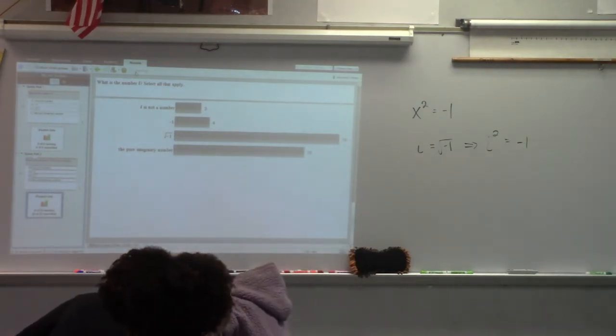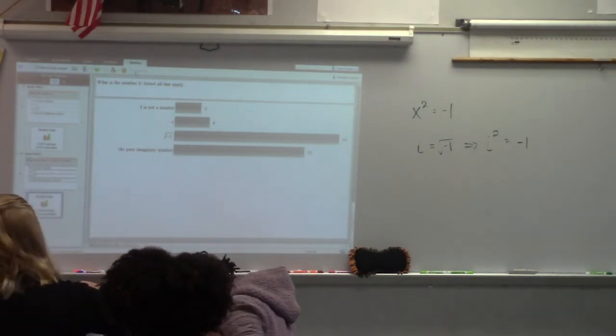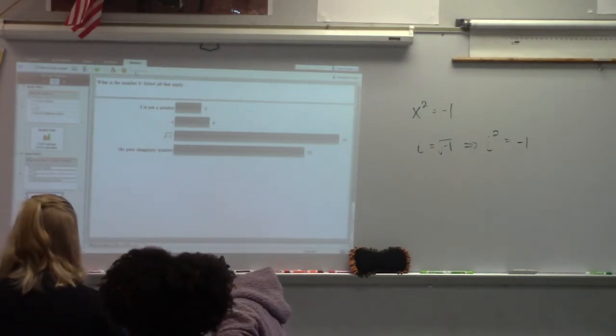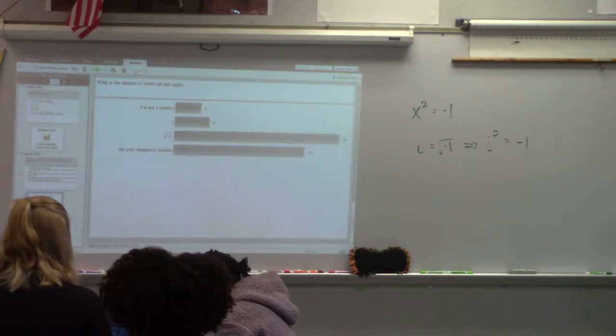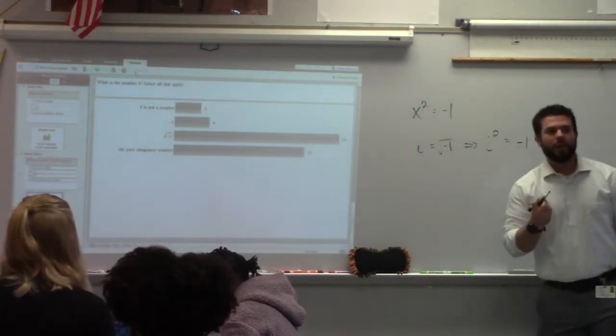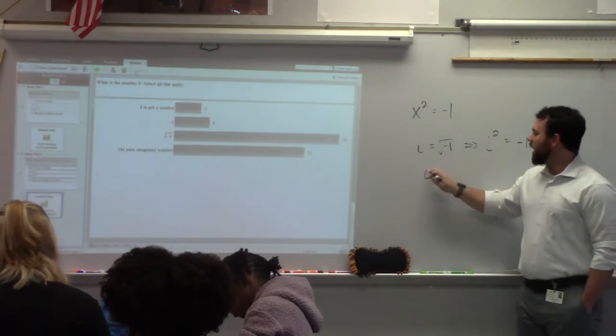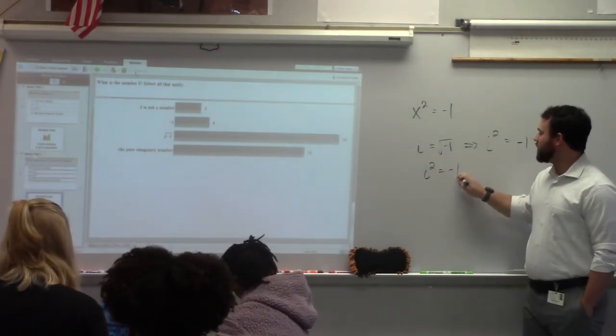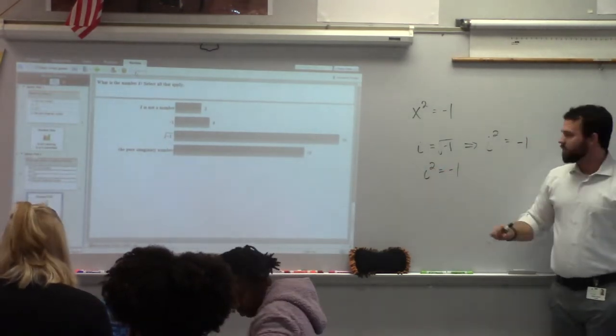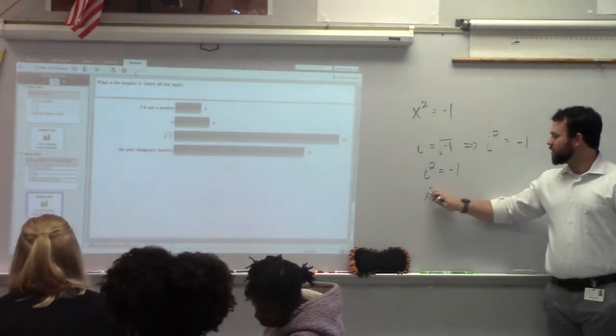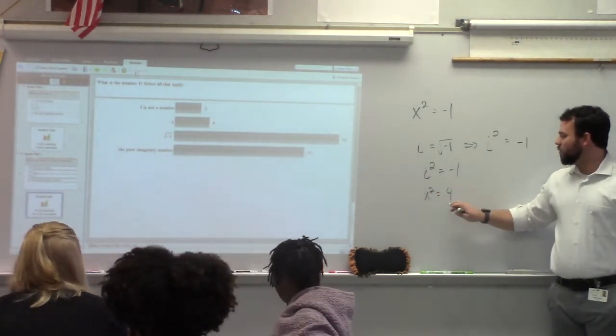Guys, y'all are going to be using that book. We should have used it for help on the bell ringer. We've got to use our resources, but we should know that mathematicians defined the number i such that i squared is -1. Well, if a number squared is equal to 4, what is that number?